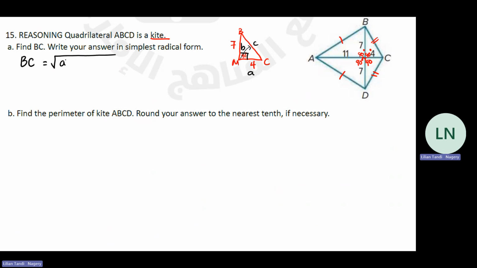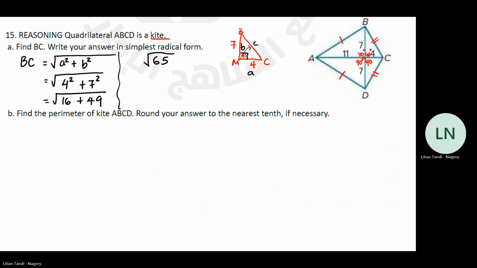C equals the square root of A squared plus B squared. So now we will put here 4 squared plus 7 squared, which gives me 16 plus 49. Then this gives me 65, square root of 65.